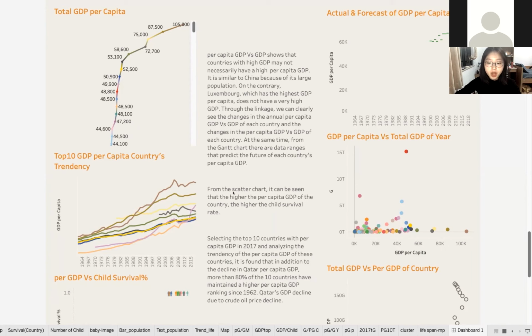In addition, more than 18% of countries have maintained a high ranking of per capita GDP since 1962, and established developed countries have used their industries to maintain high income generating capital abilities.